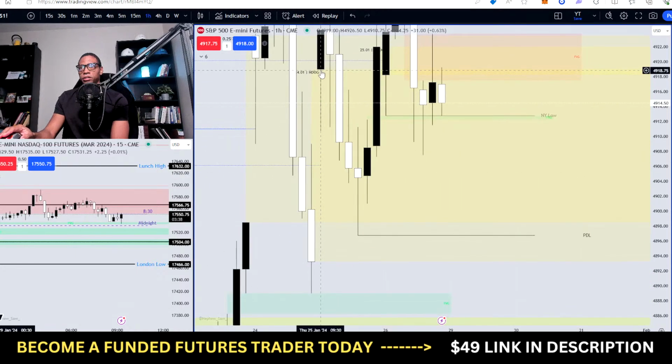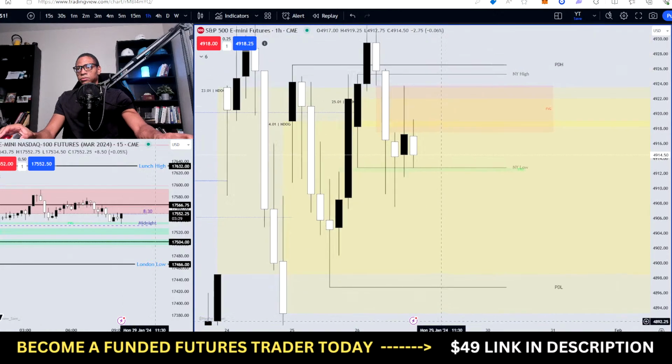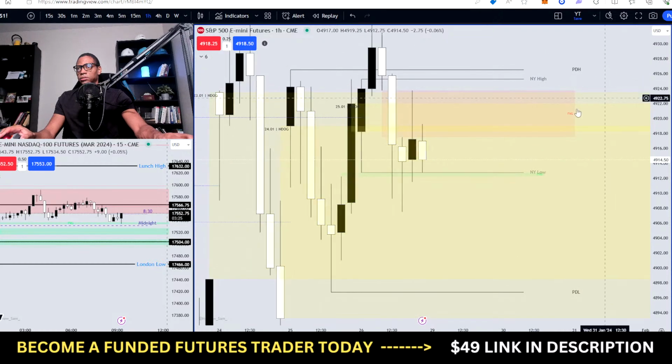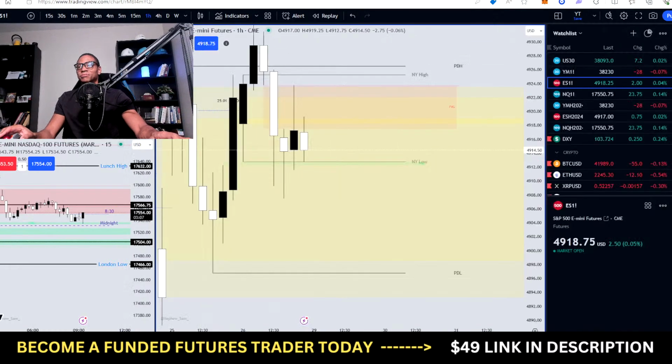Now the opening range starts here, extends all the way down here. Actually, excuse me, that could actually be a previous day. Opening range gap has not been created. Got to wait until 9:30 to see where we are, and then we'll see the opening range for today. My apologies for that. Sorry, it's Monday morning.